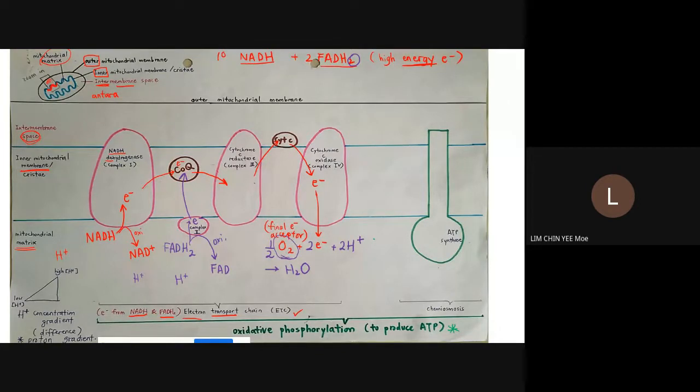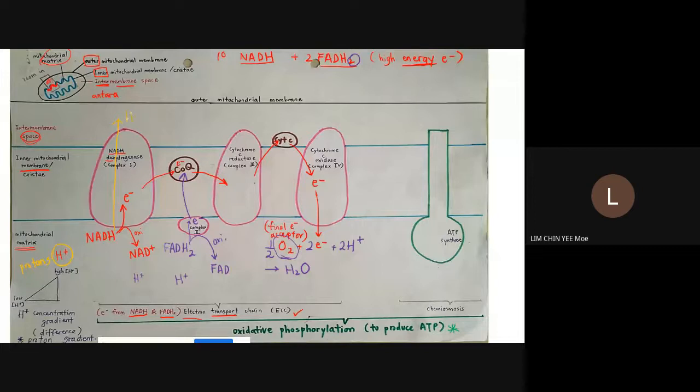What does this energy release during electron transport used for? To pump the hydrogen from mitochondrial matrix to intermembrane space. Very good. To pump the hydrogen, which is the protons, from mitochondrial matrix to the intermembrane space.